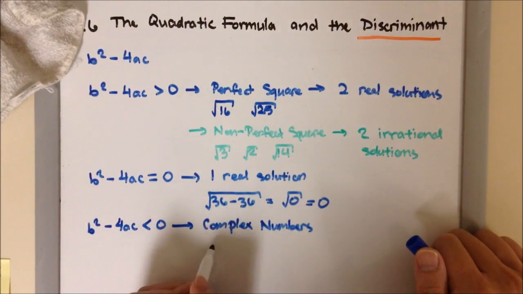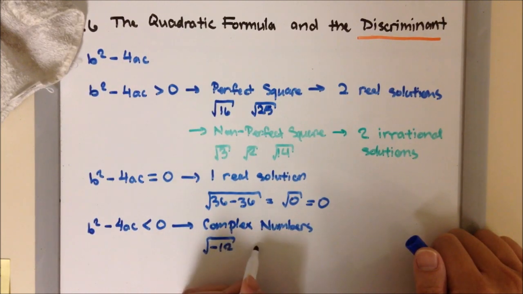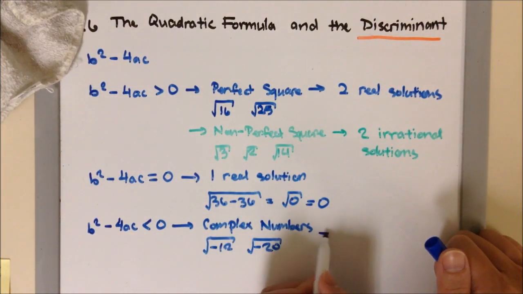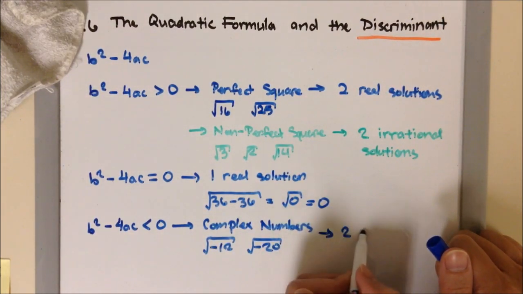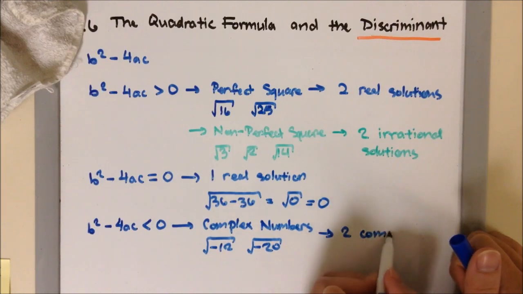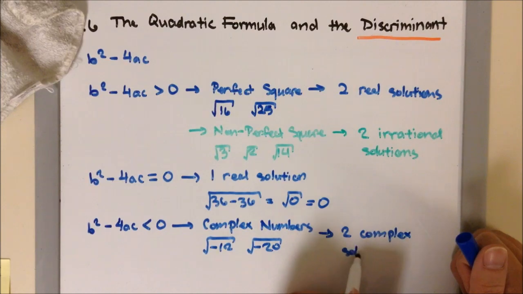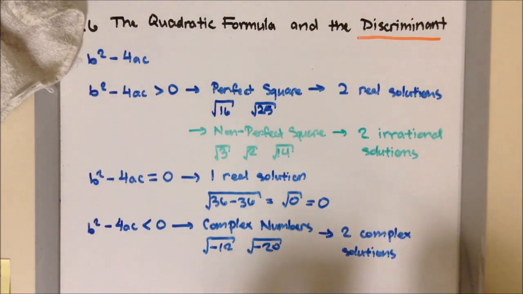So for example, say you have negative 12 inside the square root, or negative 20 inside the square root. Basically, if you have a negative number, you're going to have 2 complex solutions.